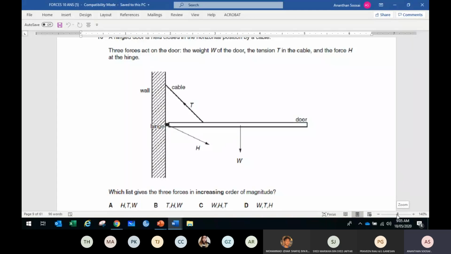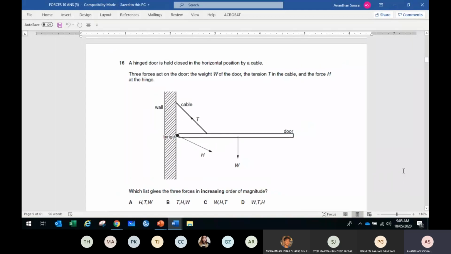Let me minimize it. Okay, question 16. 1 minute for you. Think carefully. Get me the answer, all of you. You can put it in WhatsApp. You must have a reason for your answers.